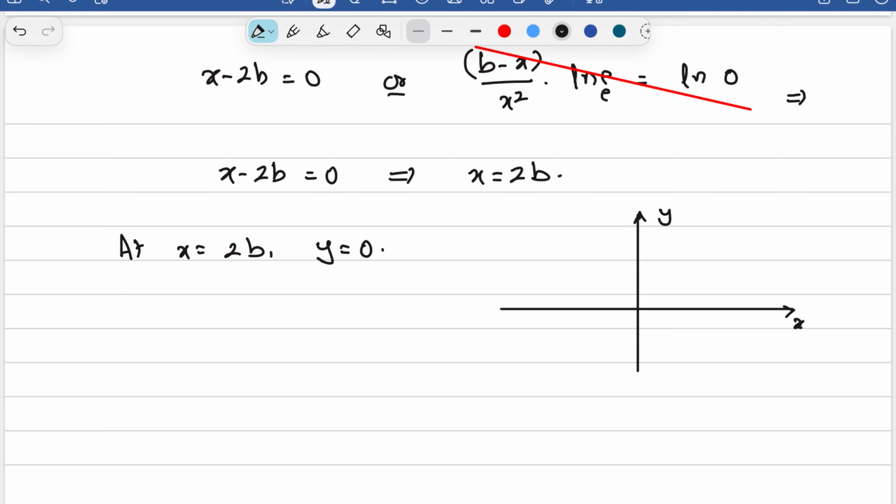Y is equal to 0 when x is equal to 2b. 2b can be here, 2b can be here, 2b can be here, or 2b can be here, depending upon the value of b. The x value changes. That implies x is directly proportional to b.